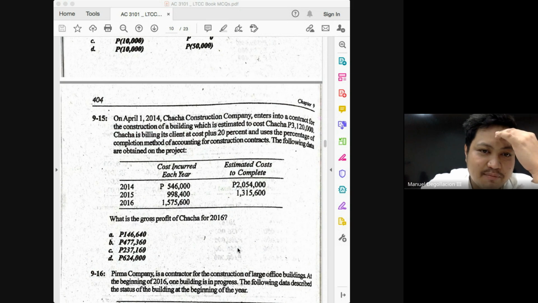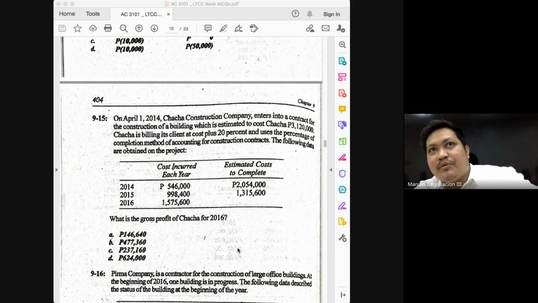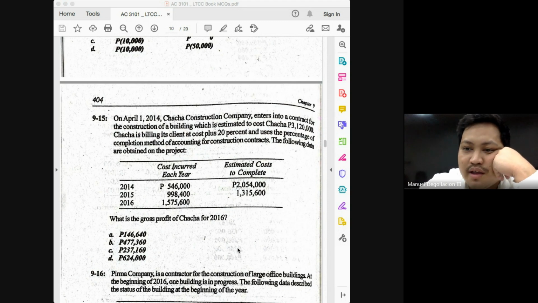How much do you add up if you are to add up 20%? 3,120 times 20% is 624. So you add 624 with 3,120, you will have 3,744. Okay. To solve for 2016, we need to solve for 2015 first, class. Just 2015.